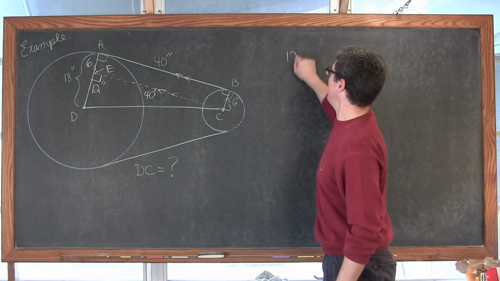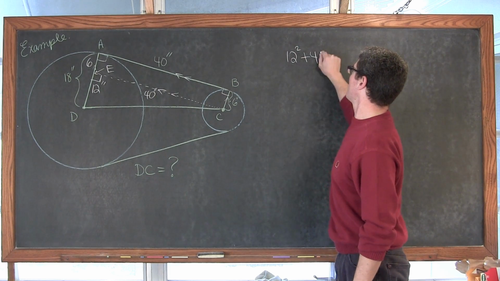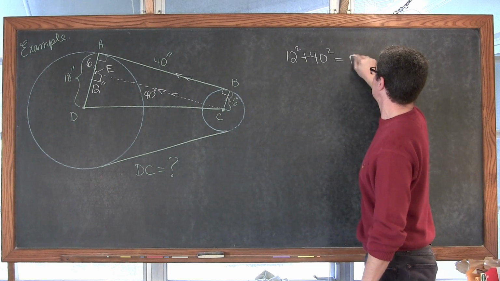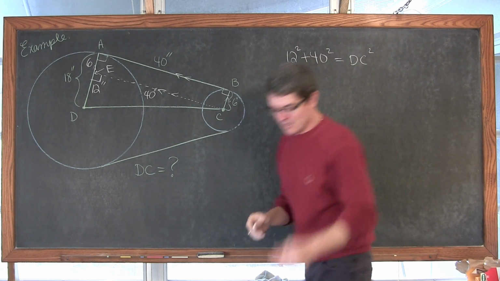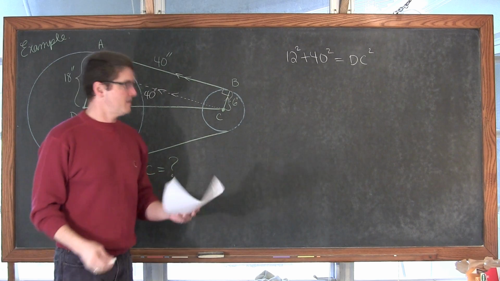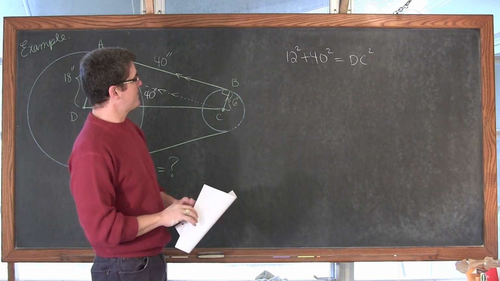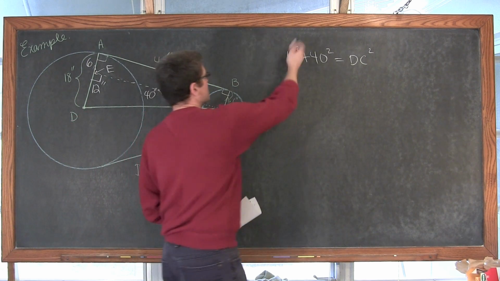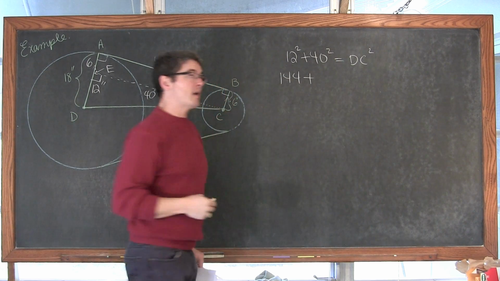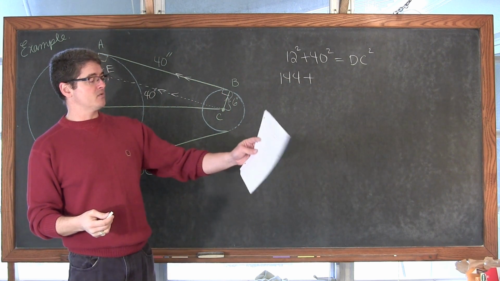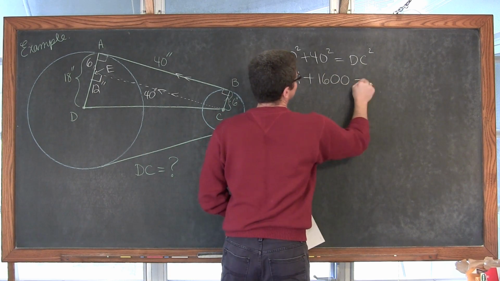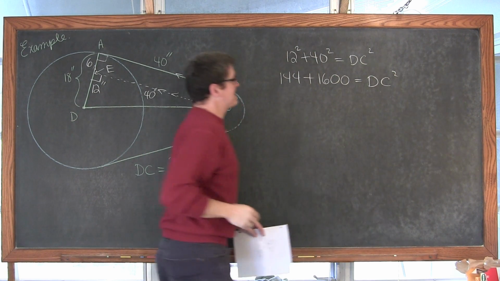So we're just going to do 12 squared plus 40 squared is equal to the hypotenuse squared of DC. I'm not going to put a mark over that DC because I am trying to indicate length. I know 12 squared is equal to 144, and 40 squared should be 1600, is equal to DC squared.